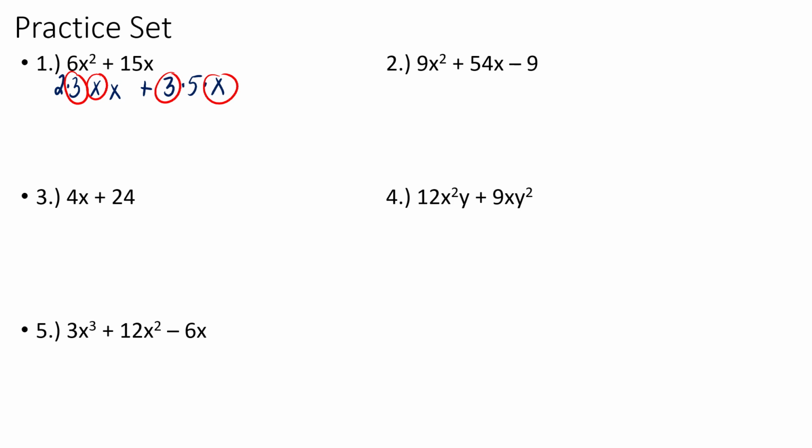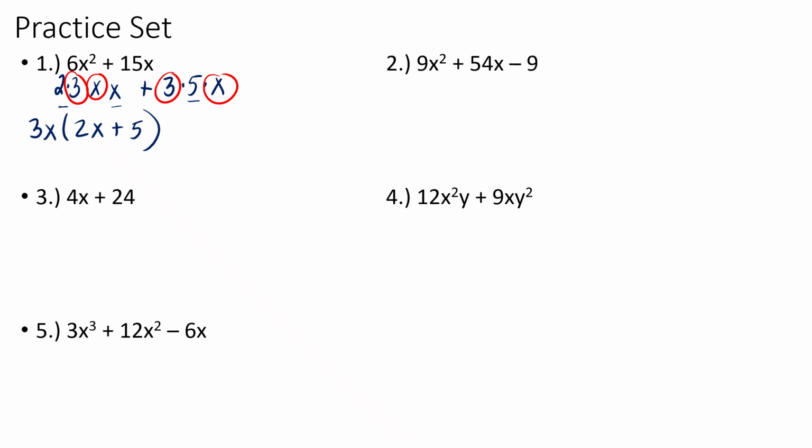So my greatest common factor would be 3x, and I am left with 2x when I multiply that together, and a 5. And so the greatest common factor, getting that GCF out, would be 3x, and I am left with 2x plus 5.